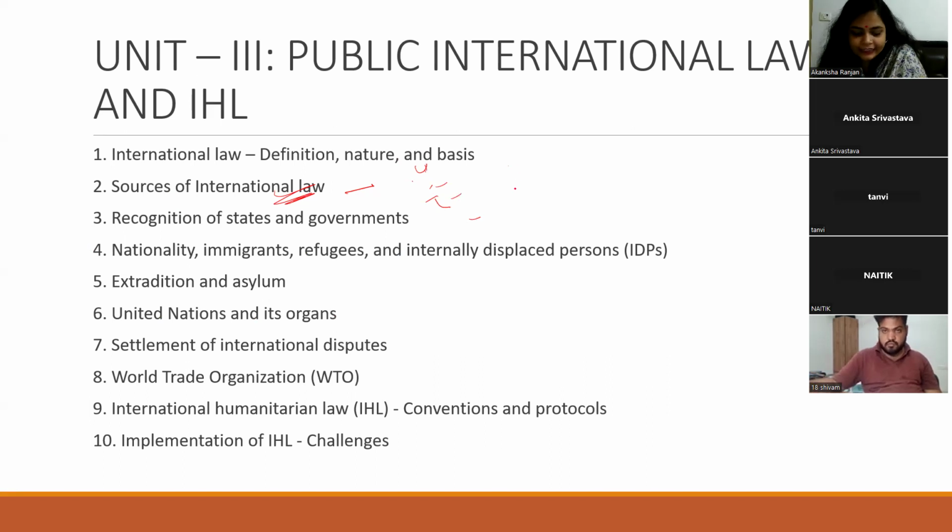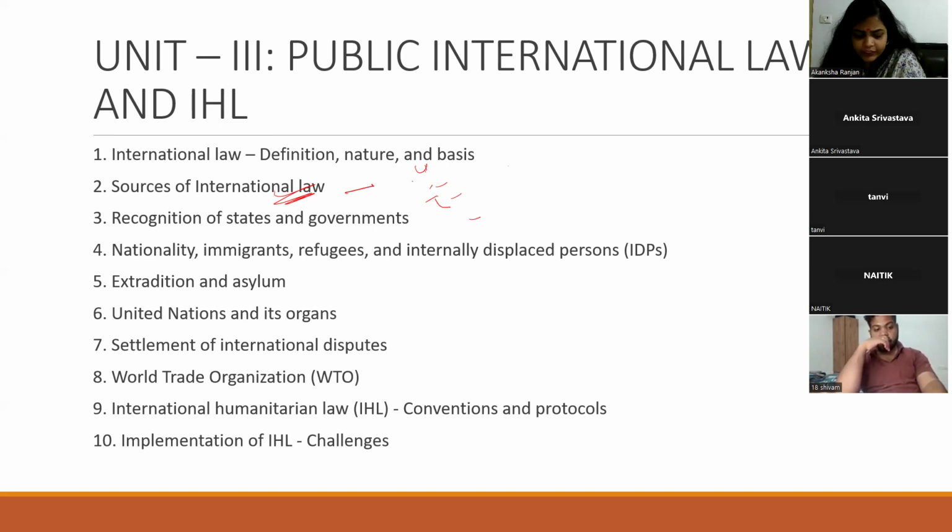Treaties and conventions, like Article 38(1)(a) of the ICJ Statute, talk about treaties and conventions and how they are incorporated. What are the ways in which these are recognized by different states is important. But for now, at this moment, you can just know Article 38 of the ICJ and these sources listed over there and the meaning of these sources.